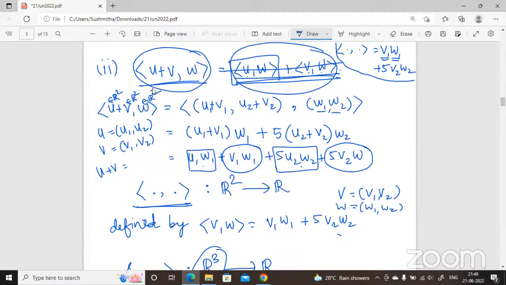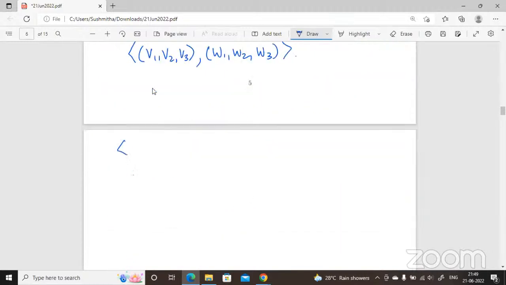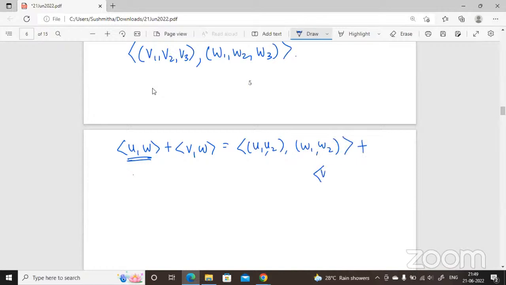So when you expand the right side, what will you get? Let me write it down. It is the inner product of U comma W, so it's (U1, U2) comma (W1, W2) plus the inner product (V1, V2) comma (W1, W2).